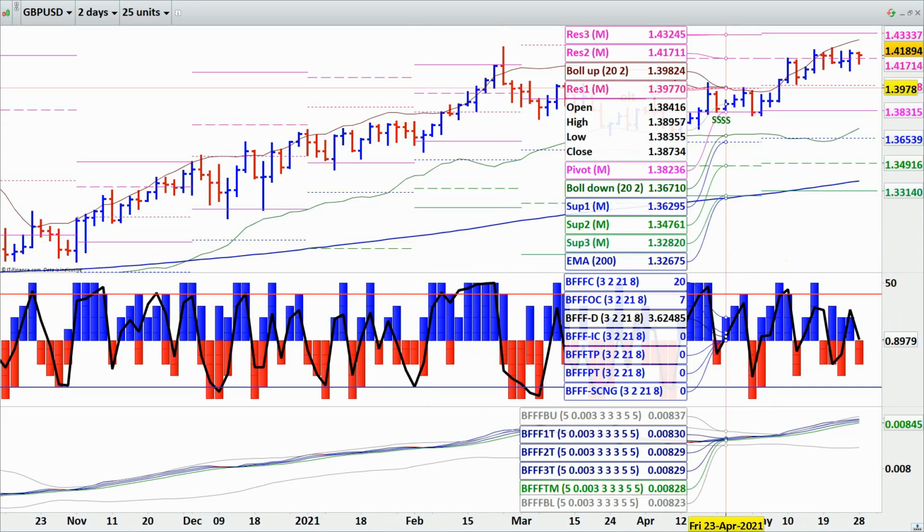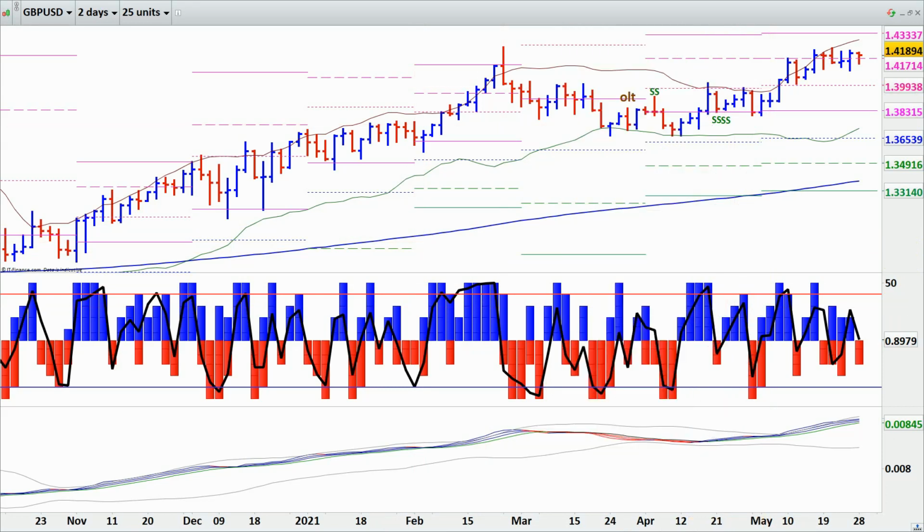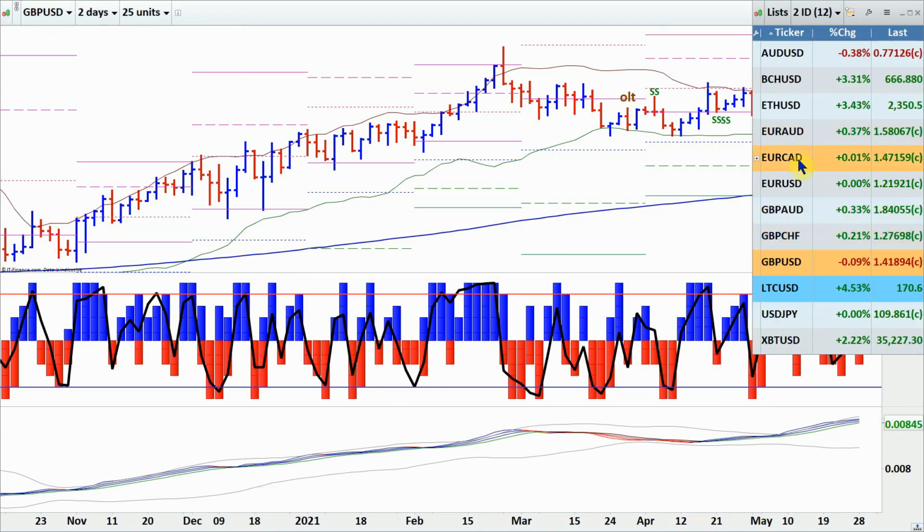Then I can work out myself the next one, which is overbought in a downtrend market. Now let's see which is a downtrending market. I think EuroCAD was downtrending for some time. Let's go to EuroCAD.